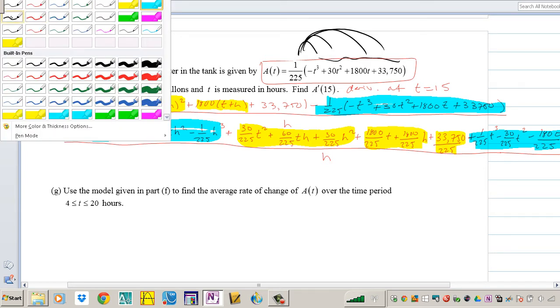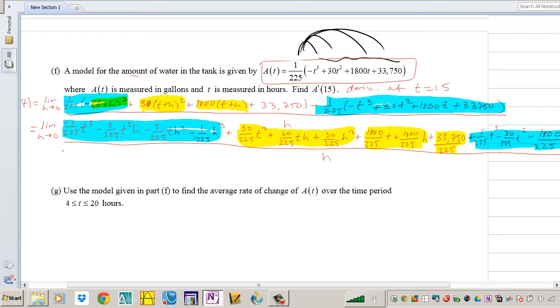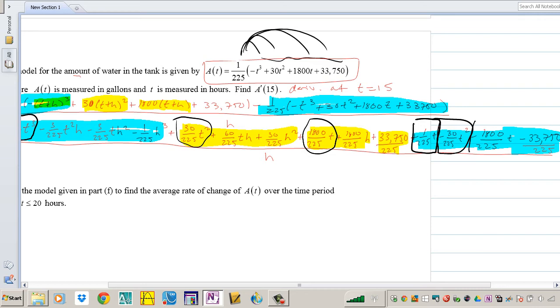Okay, so now what do we do? We cross out like terms. I have a plus and a minus. What else do I have? I have a plus and a minus, a plus and a minus, a plus and a minus.